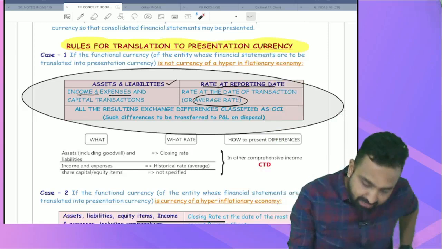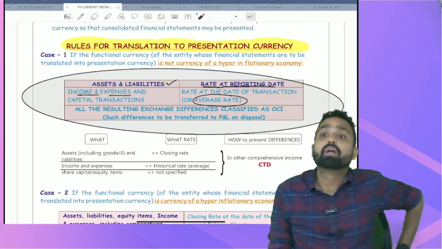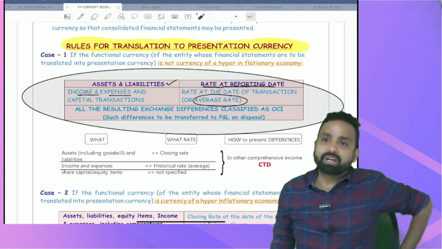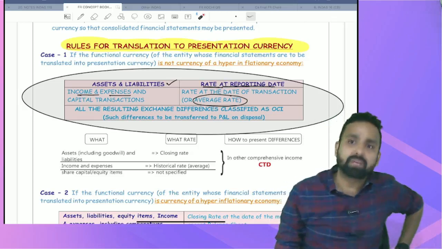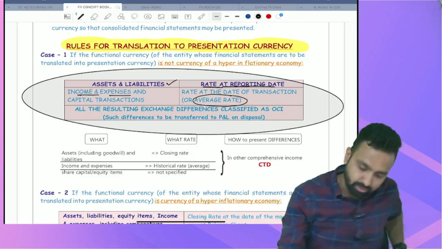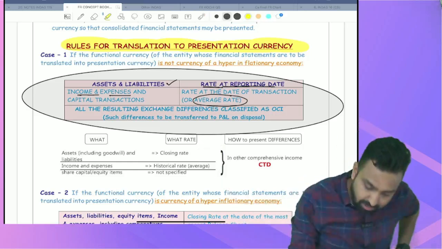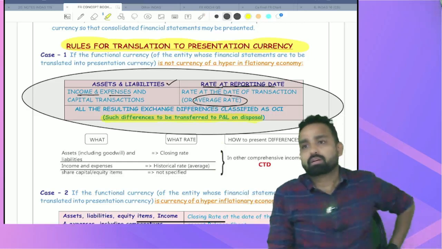Sir, what about capital transactions? Same, the average rate. This OCI belongs to RPL, reclassified to P&L. You can write it also, so it is even written: such difference to be transferred to P&L on disposal. RPL. It is already written.